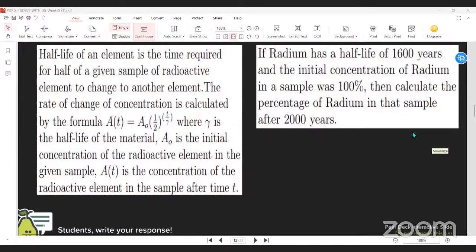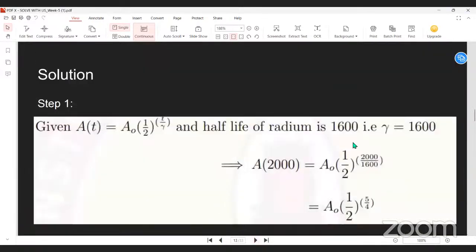Okay. So in this question, what is given is that radium has a half-life of 1600 years and the initial concentration of radium in a sample was 100%. So gamma is 1600 and at t equals 0, its concentration was 100%, right? So see, given A of t equals A naught into half to the power t by gamma, right?